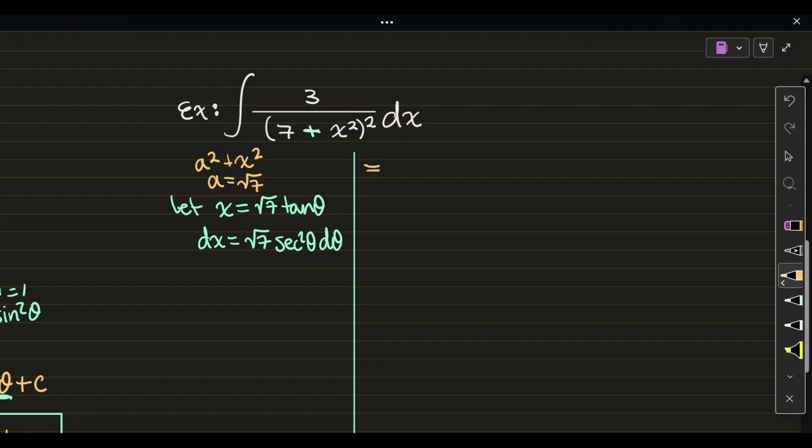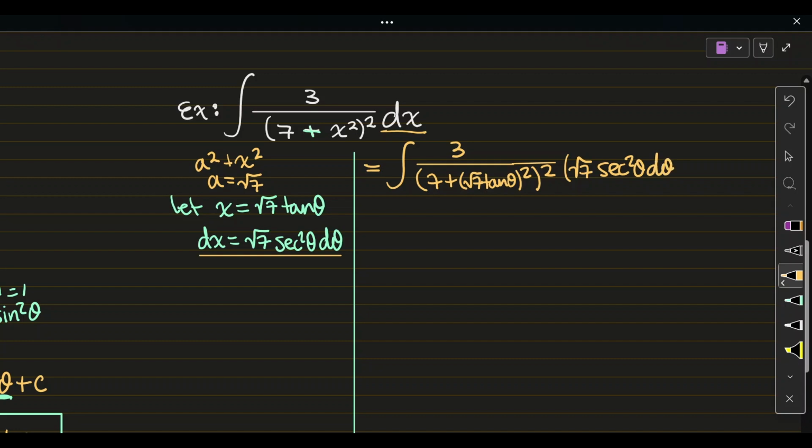So under our substitution we have that this is the integral of 3 over 7 plus the square root of 7 tan theta squared, and then my dx we solve for is the square root of 7 secant squared d theta. So I have times the square root of 7 secant squared theta d theta.